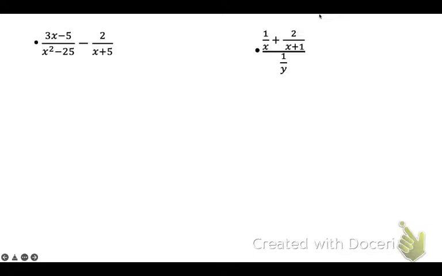So how they work is I'm going to do a whole bunch of writing on here and you don't have to write what I'm writing yet, okay? What we do is we simplify the numerator, we simplify the denominator, and then when we divide fractions, we multiply by the what? Reciprocal.